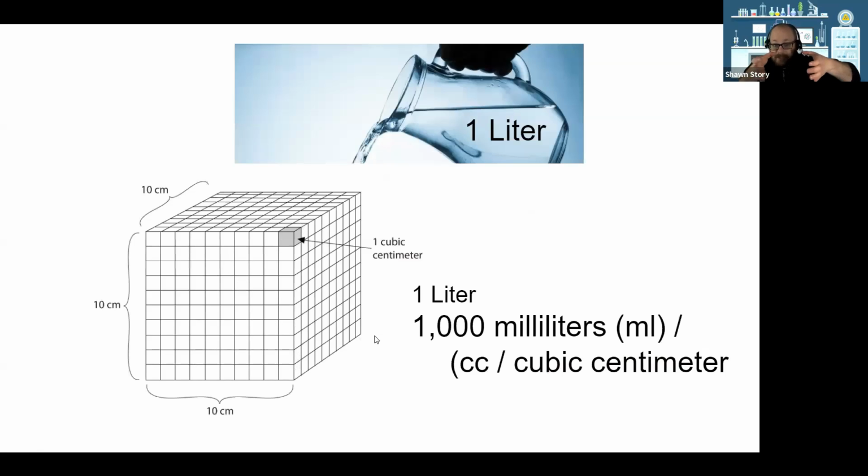A box that was 10 centimeters by 10 centimeters by 10 centimeters would be exactly 1 liter of liquid, because the metric system is not only beautiful and based on tens, the measurements are also connected to each other. You take those centimeters to make your volume of liter. So 1,000 cubic centimeters is the same thing as 1 liter, or 1,000 milliliters.